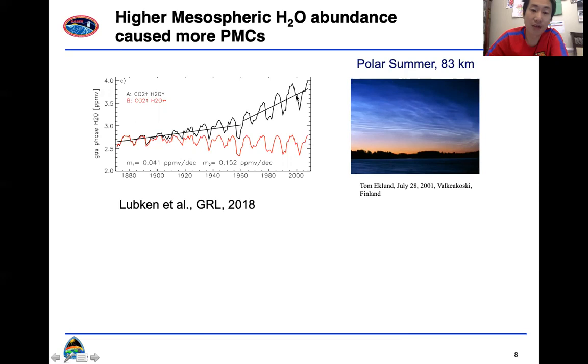And the black curve shows increasing carbon dioxide and increasing water vapor. So this clearly shows that the increasing polar mesospheric clouds are mainly caused by increasing water vapor rather than increasing carbon dioxide.